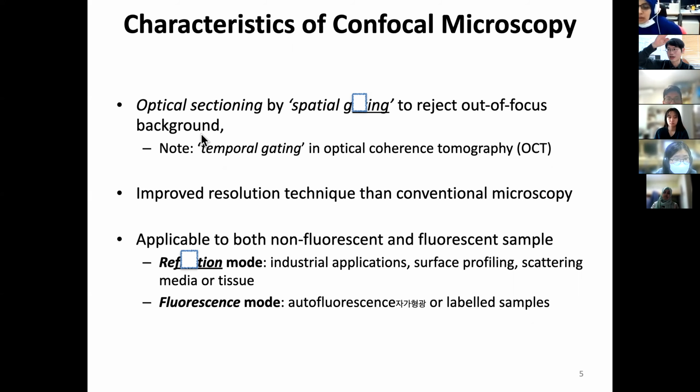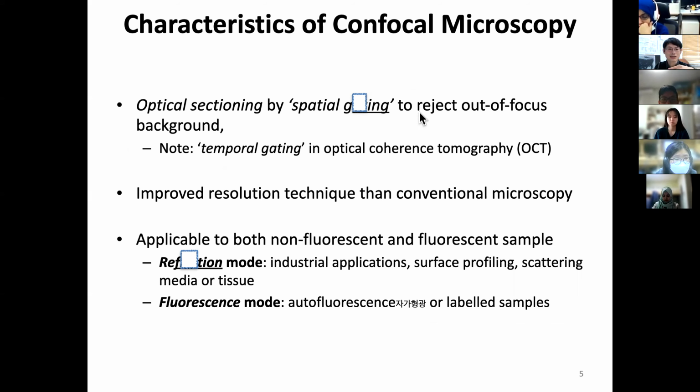The problem is when you shine the light to focus, the light is not only focusing, but before and after, there are photons. These photons also undergo reflection or scattering that also go back to your image plane and blur the background.